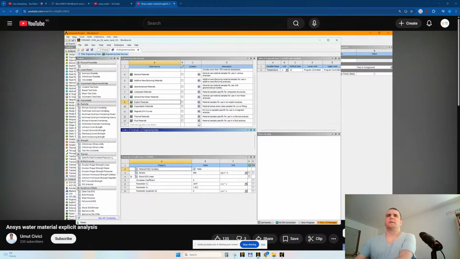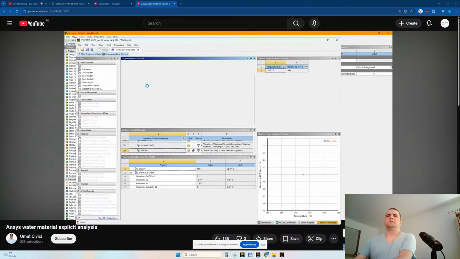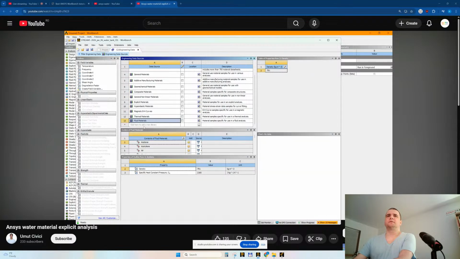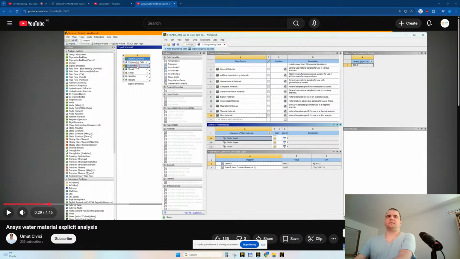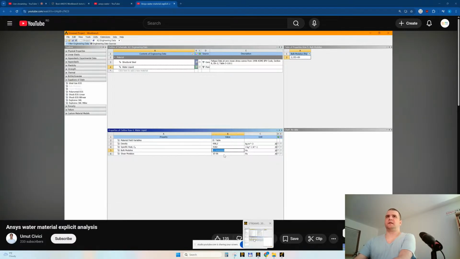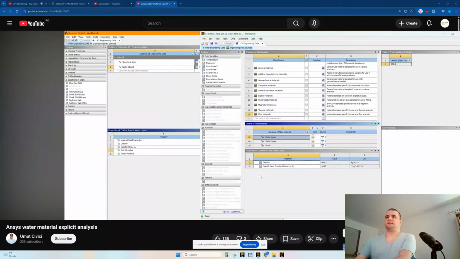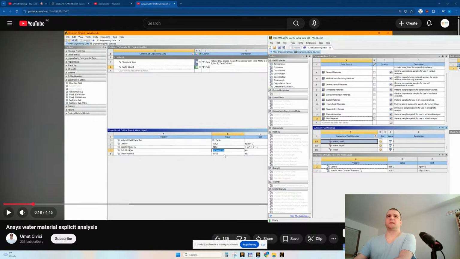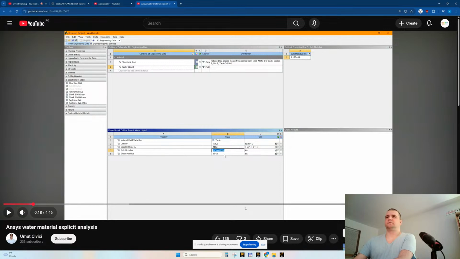Did he take it from the fluid materials library? Water liquid. Yeah, I think he took it from fluid materials, and he added these two because they are inactive. The default is density and specific heat constant, and he added these two, bulk and shear modulus. All right.